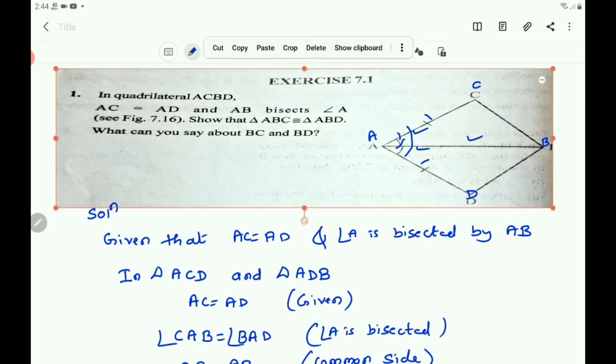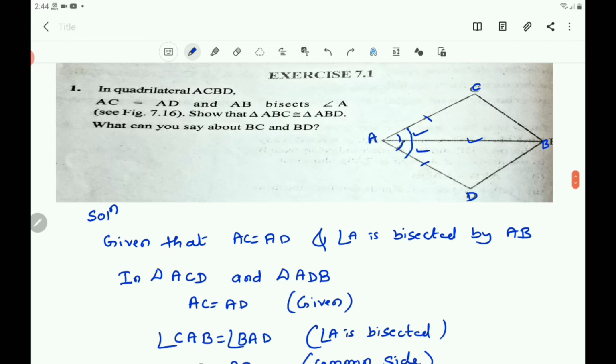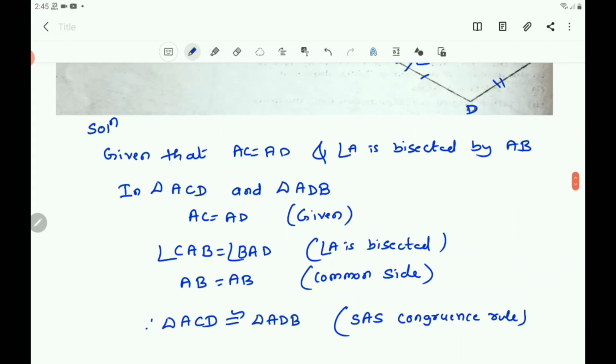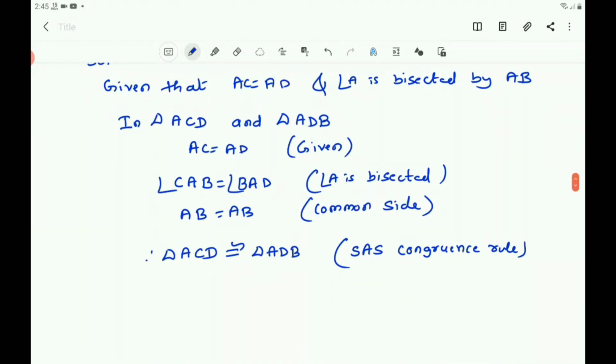Definitely BC must be equal to BD. Therefore the question is, what can you say about BC and BD? They must be equal. Therefore you can write BC equals BD.